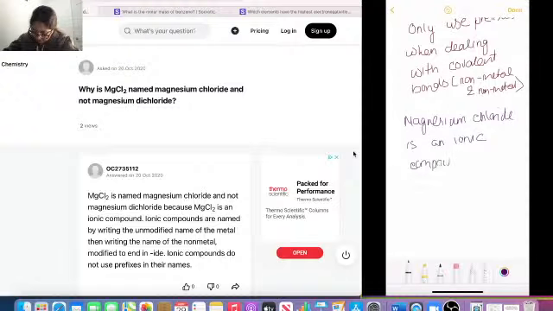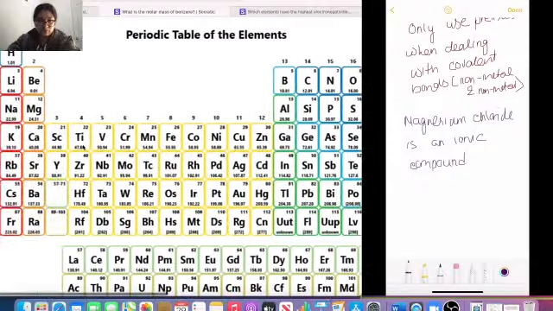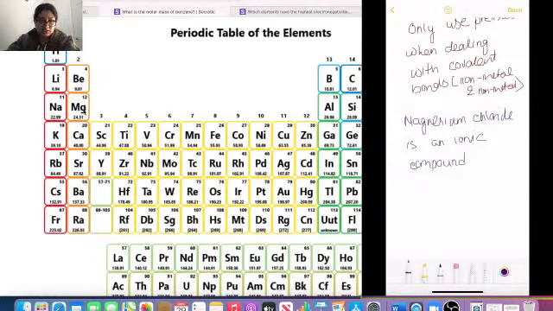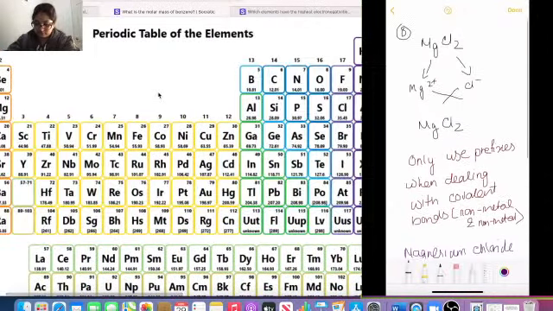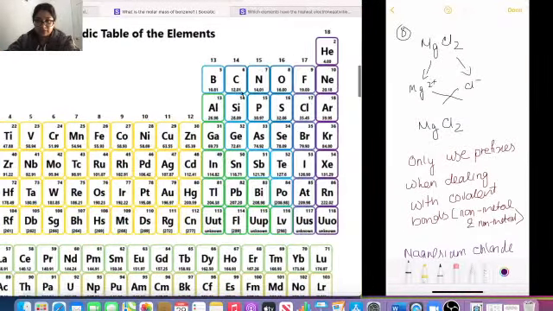To figure this out, you can see the charge of magnesium, which is +2, and it belongs to group 2, which is part of the metals. Chlorine is in group 17, the halogens, so it is a non-metal.